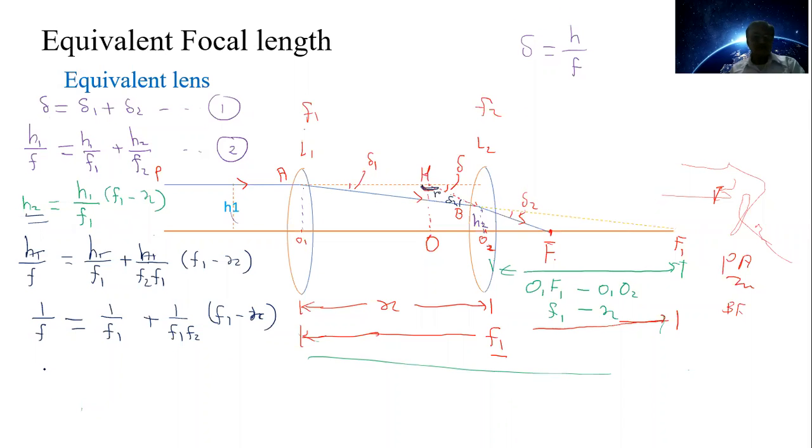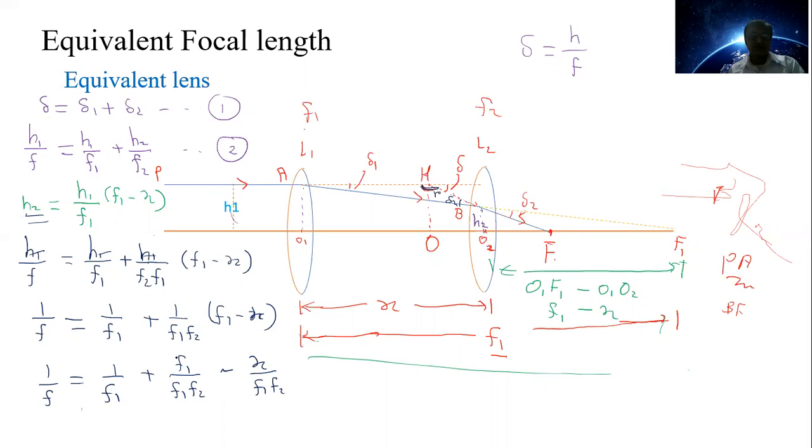That is 1 upon F is equal to 1 upon F1 plus, we can multiply here now, F1 upon F1 F2. We can solve this bracket, minus X upon F1 F2.